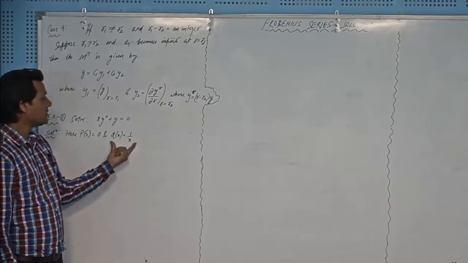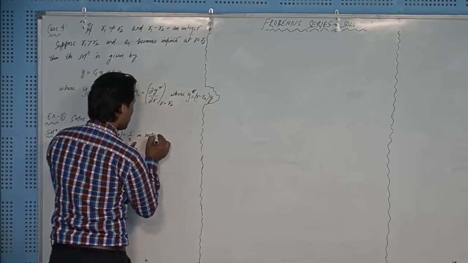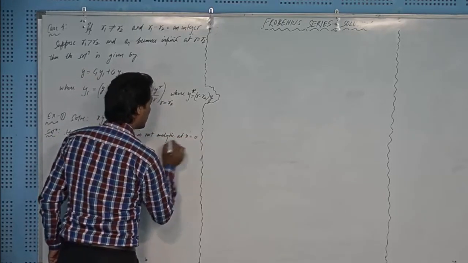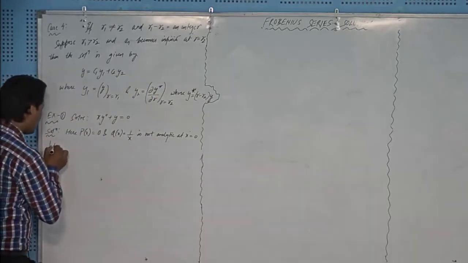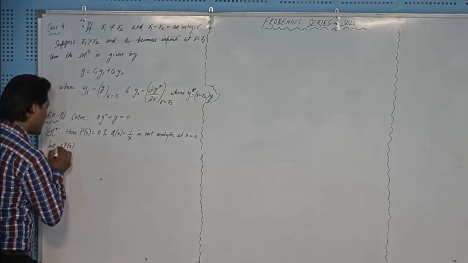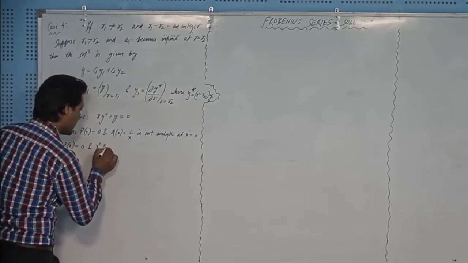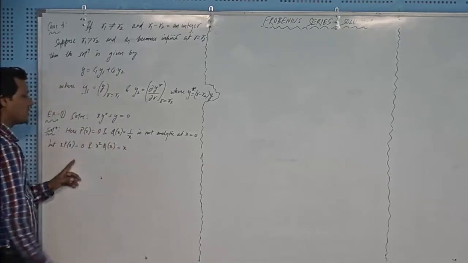So q(x) only is not analytic at x equal to 0. However, p(x) is analytic at x equal to 0. But if you multiply p(x) with x, that becomes 0, and you multiply q(x) with x square, that becomes x, then they both become analytic.